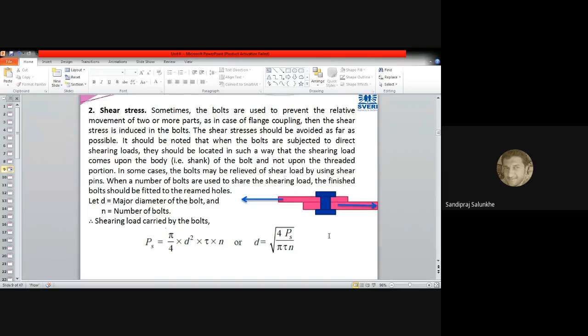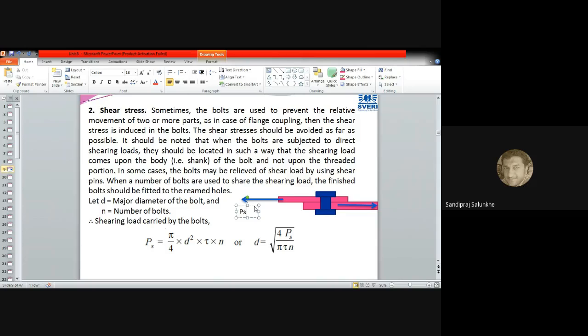Getting me? And at that time, when we calculate the dimension of the nut and bolt, definitely we have to use the formula that the shear stress, which is denoted by tau, is equal to force divided by area. Now the force which we are going to consider, we'll consider as a shearing force.